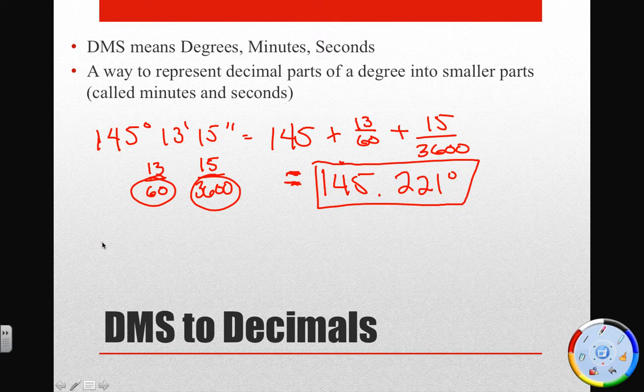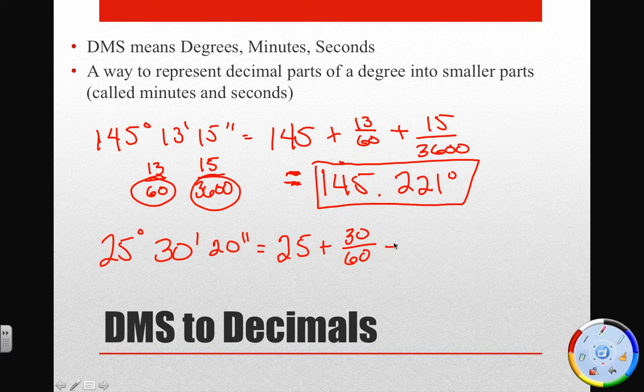Let's try another one here. Let's go 25 degrees, 30 minutes, and 20 seconds. Okay, so if we understood that, we know we have 25 degrees and 30 minutes out of a possible 60 and 20 seconds out of a possible 3600.